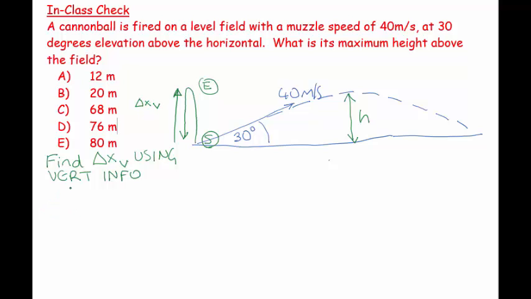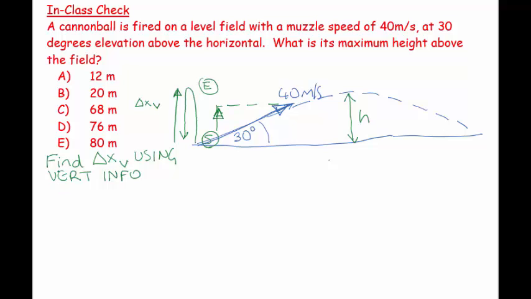Okay, so what do I know vertically? Well, I know that my vertical component of velocity is not 40. 40 is the line along the hypotenuse. I want this component.